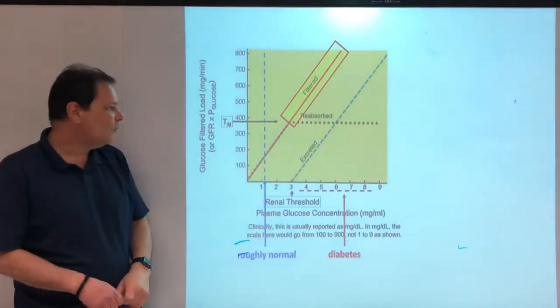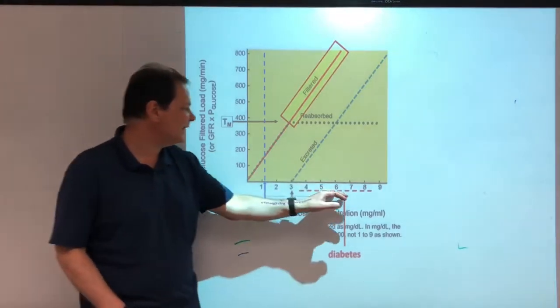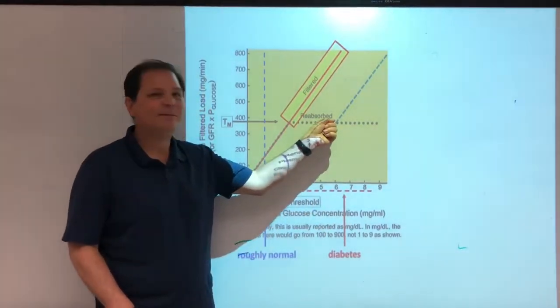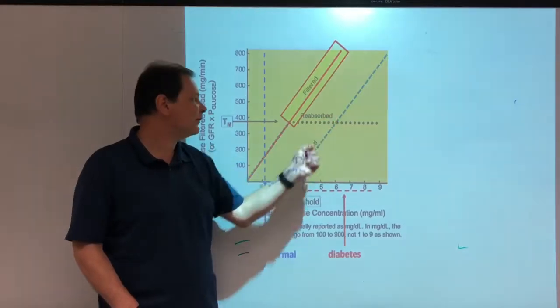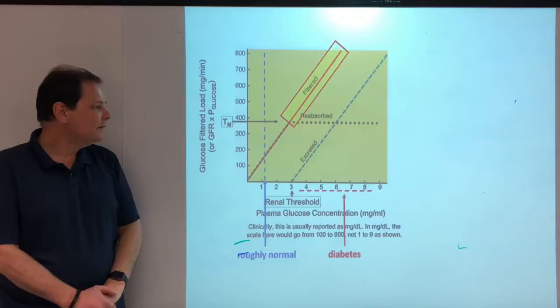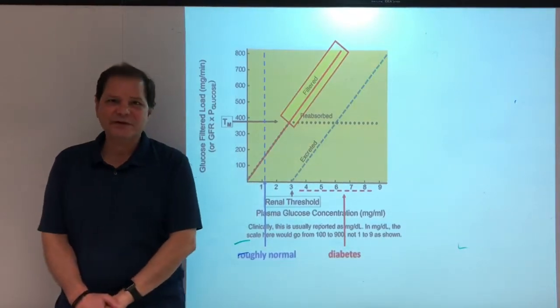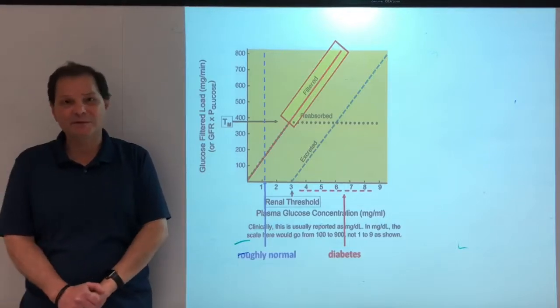So with a condition with high glucose concentration in the plasma like diabetes, you can only reabsorb so much of your filtered glucose and the rest is excreted. All right, so this is a typical example of a transport process that has a transport maximum and what that can mean to you.